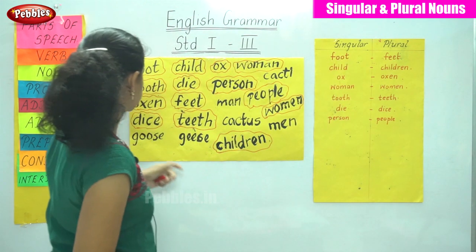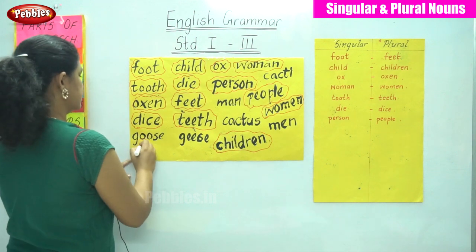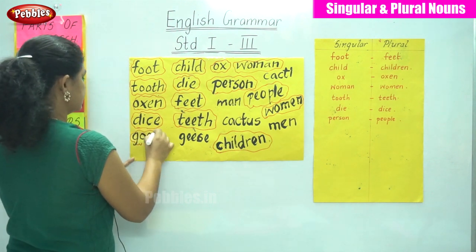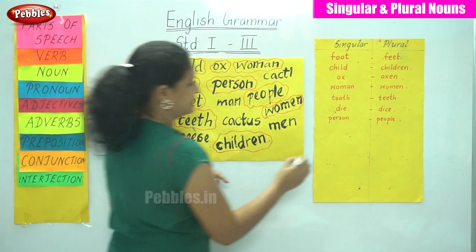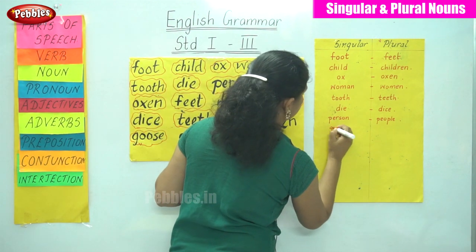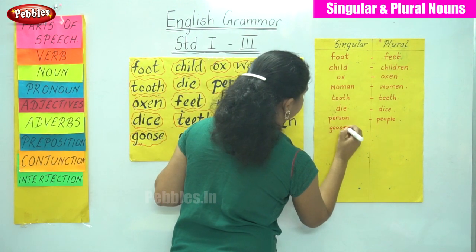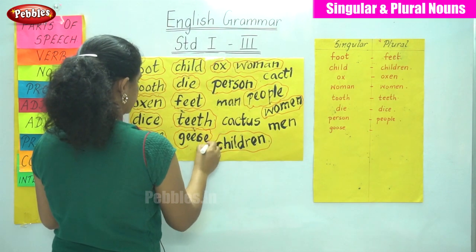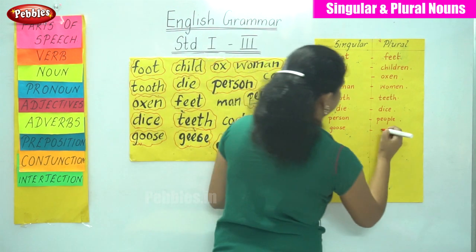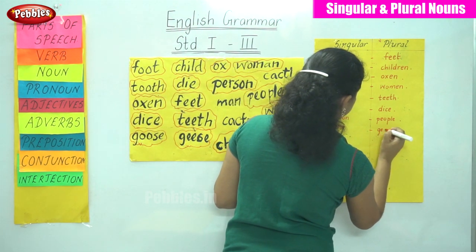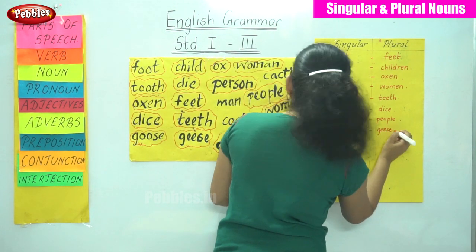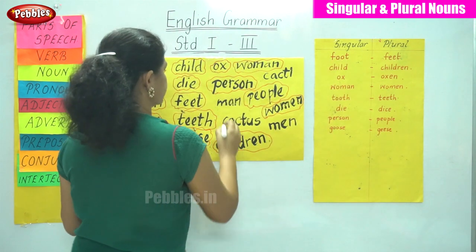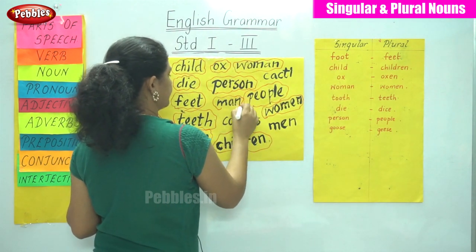The next is goose. The singular is goose. And the plural of goose is geese. Then we have singular man.